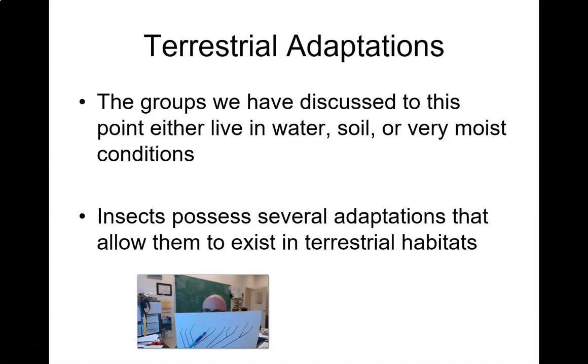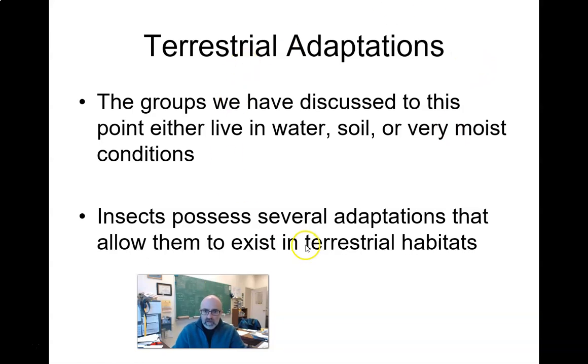Mollusks, again, mostly still in the ocean, but anything that you find terrestrially is going to have to be restricted to really moist areas. Annelids, same thing. So largely we're talking about organisms that are aquatic or live in the ocean, specifically. Nematodes do moist soils. Arthropods is the first group of animals from this class that is truly terrestrial, right?